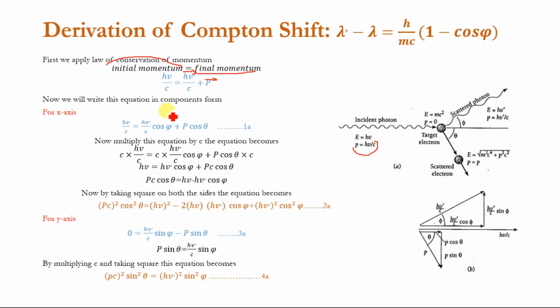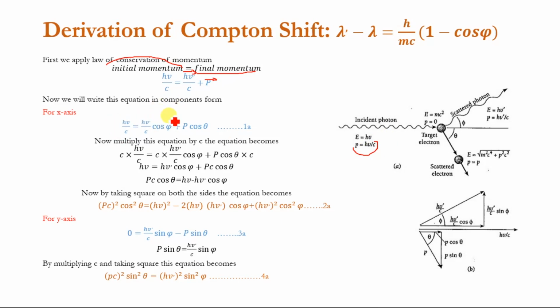Now we will write this equation in component form. For the x-axis, or horizontal axis, we have hν/c, because the photon is parallel to the horizontal axis, and we know that cos 0 is equal to 1, so we put hν/c for the x-axis.